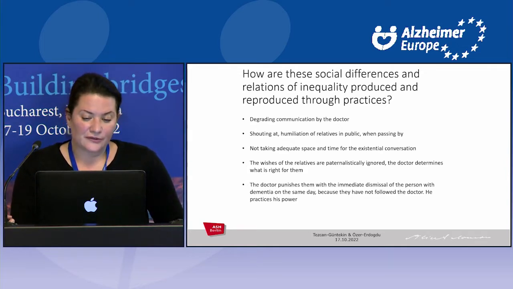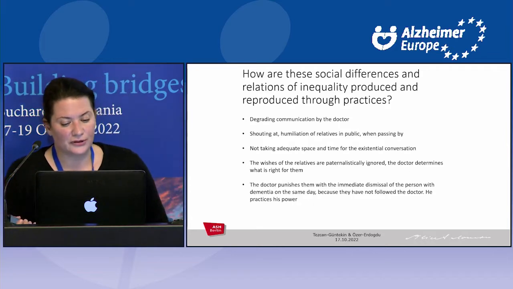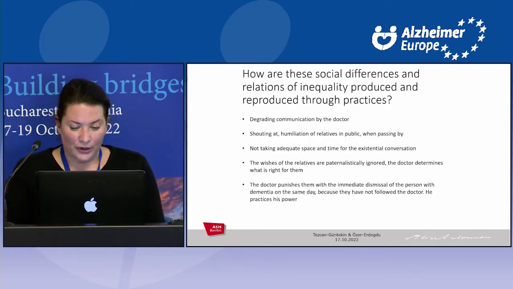The wishes of the relatives are paternalistically ignored. The doctor determines what is right for them, and the doctor punishes them with the immediate dismissal of the person with dementia on the same day because they have not followed the doctor. Here we see that he practices his power.